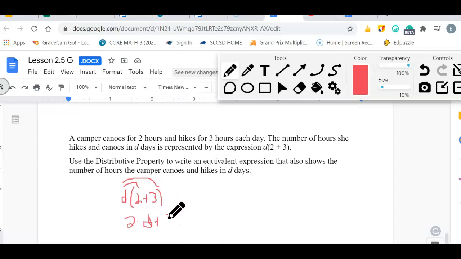So I can say 3 times D here. These are correct. If you have D times 2 and D times 3, it's all good. That works. The way you'll see it written most of the time, though, because it's the laziest way to write it, is 2D plus 3D without those dots.